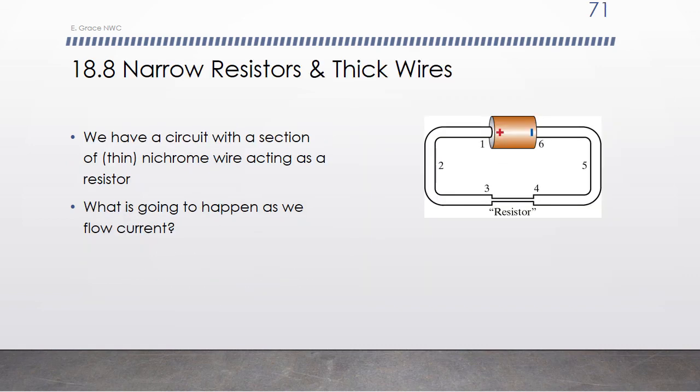We can also think of resistors in terms of wires. So if you have a circuit with a section of thin nichrome wire, that's going to act as a resistor. It's harder for electrons to go through nichrome. And what would happen then as we flow current through this? So let's think about that.